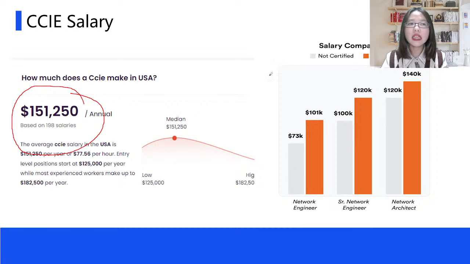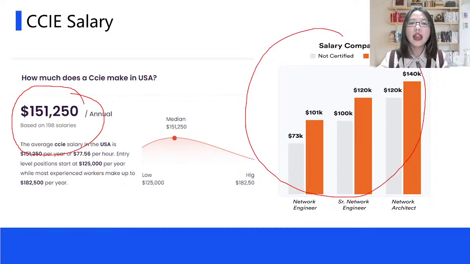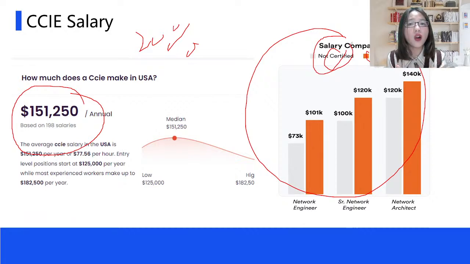And you can see from the right chart, there are huge gaps in salary between certified and non-certified professionals. People with CCIE certification earn almost 20% more than the non-certified. So you can get the idea of why CCIE is so popular.